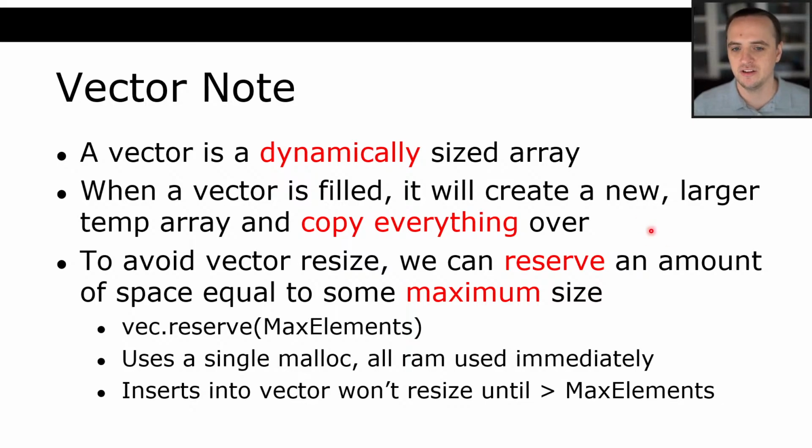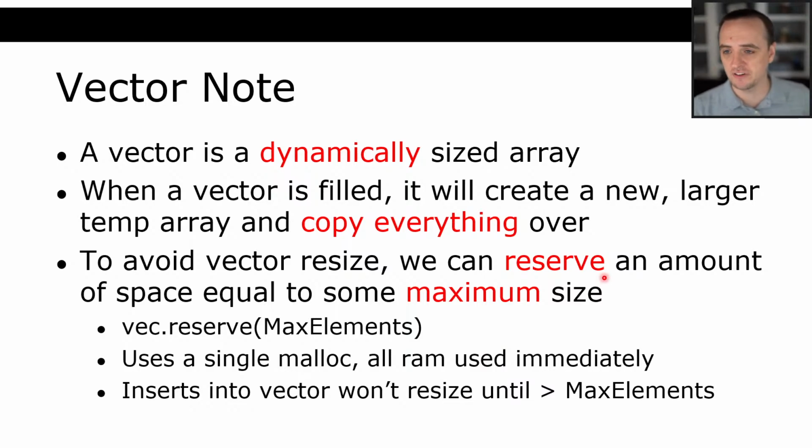The way you do that is that you can reserve an amount of space equal to some maximum size. So let's say you're using vectors, which is fine, but you know that you're going to store at most 1,000 things in this vector. If you can spare the memory up front, you can say vec.reserve some maximum number of elements. You create the vector, then you reserve an amount of space for it, and it uses a single malloc, and all the RAM is used immediately.